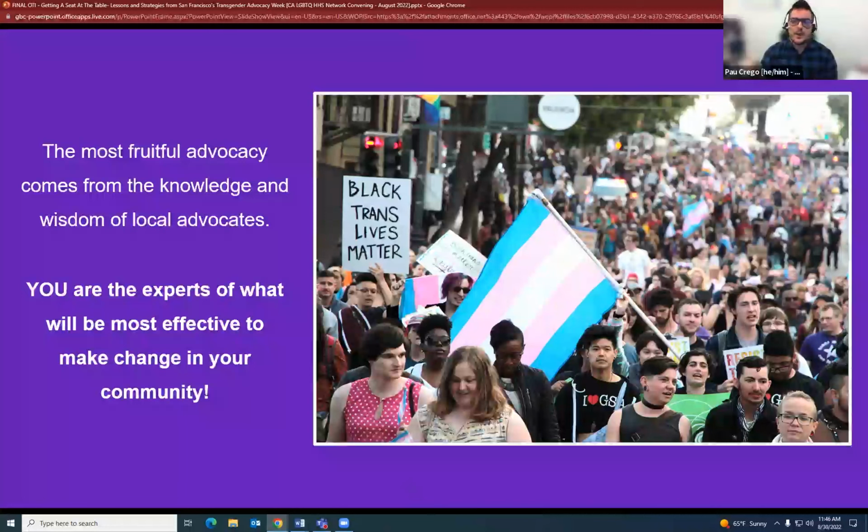We want to share our lessons learned so that if you decide to do this, you can learn from what we've done, but ultimately you're the experts on what will be most effective in your own community. So relying on local expertise from organizers and community members wherever you do this is going to be the most important thing.